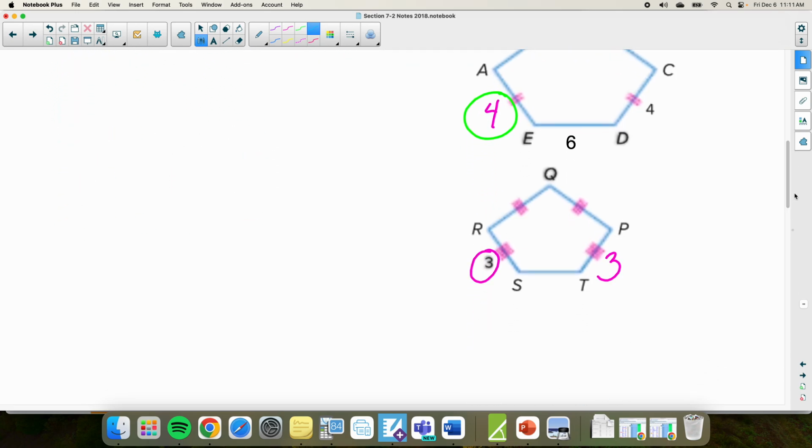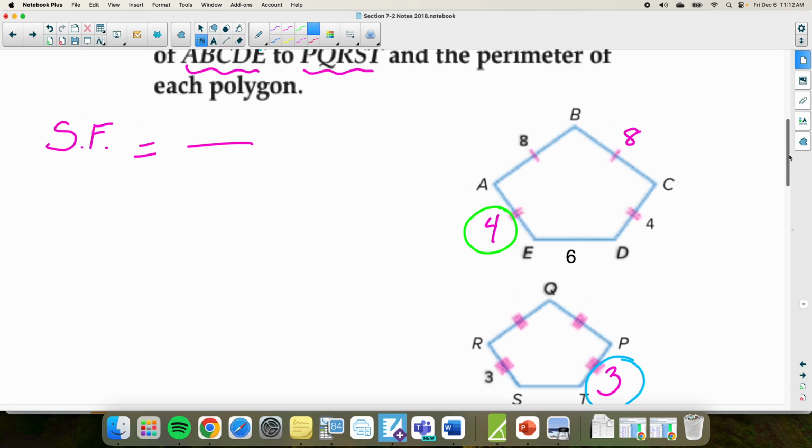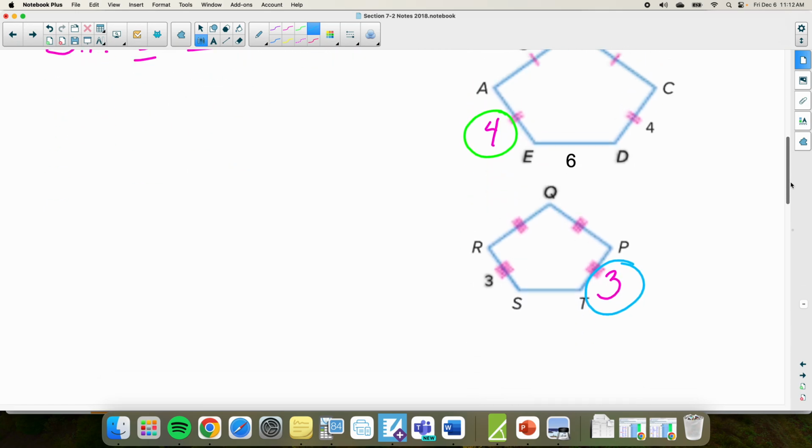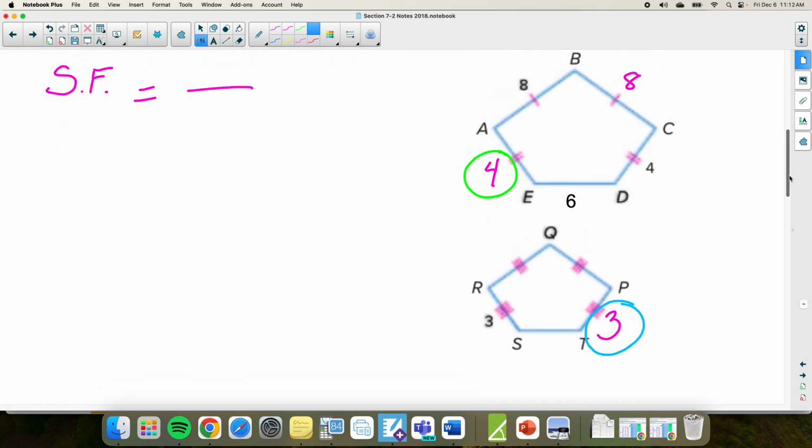So it's actually not that I'm using this one, I'm using this one, okay? So AE is the first and last, that's going to correspond to PT. So my ratio is going to be 4/3. Do you guys get that? Okay. So this is 4/3.